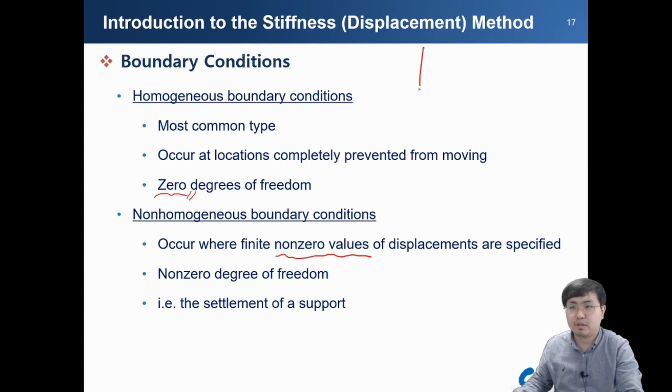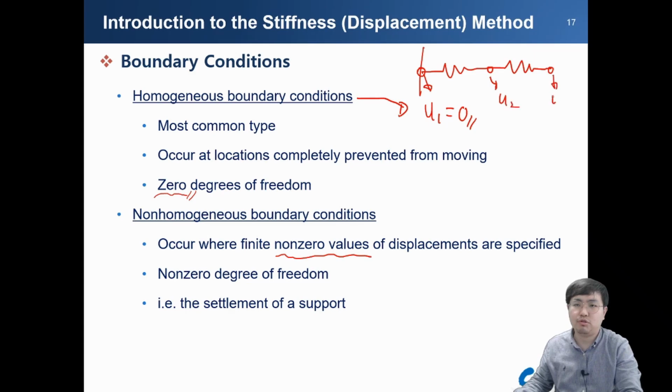In the previous example, we had this kind of solid structure. This part, the displacement is always equal to 0. This means that this is a homogeneous boundary condition. U2 and U3 don't have any boundary condition.